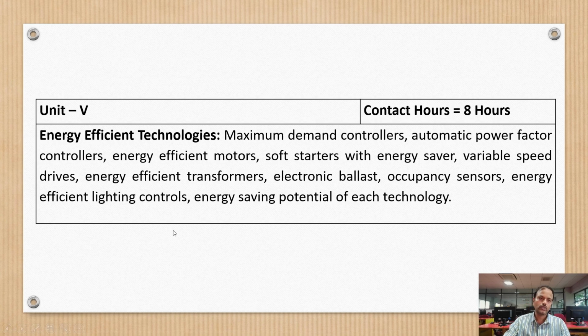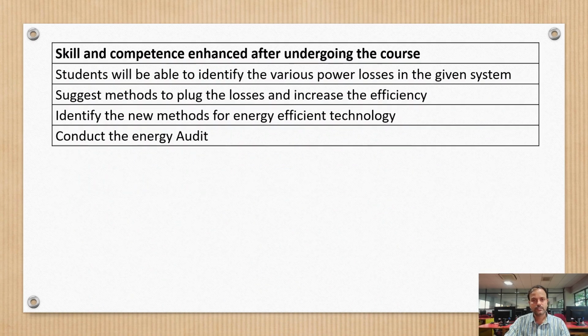Overall, this course will concentrate on electrical energy conservation and auditing of that energy. After auditing, we'll come to know where exactly we are wasting power, and how we can conserve the energy.